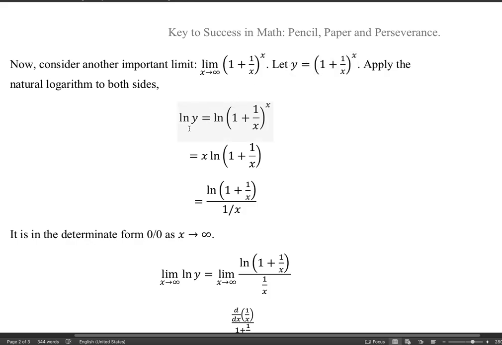The logarithm of y is the logarithm of the right-hand side, right? Remember the properties of logarithms, which really allow us to move this x down as a coefficient for the logarithm. And then I did another thing very unusual.